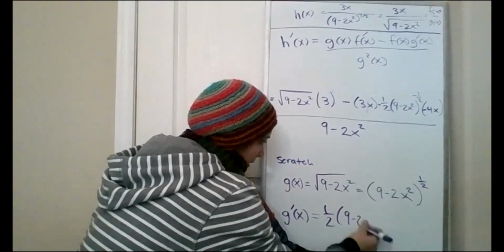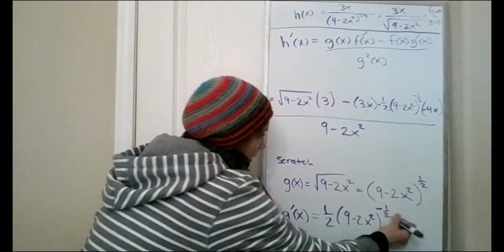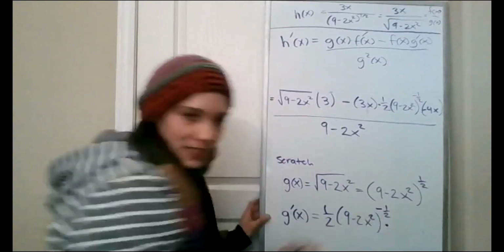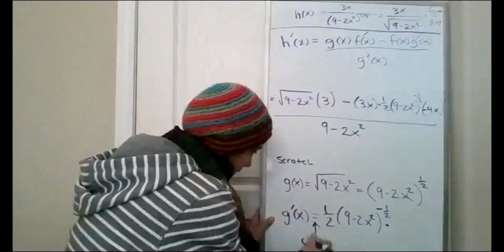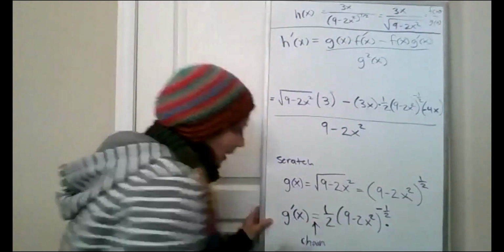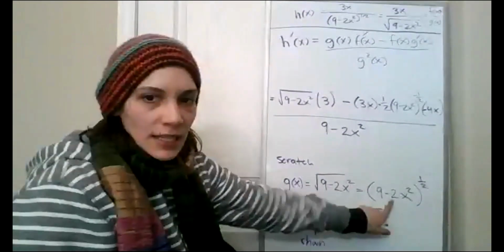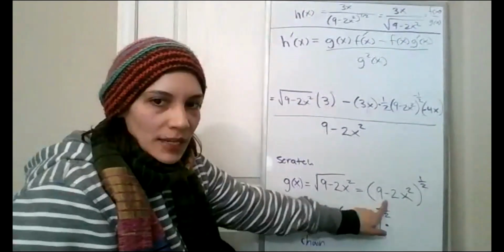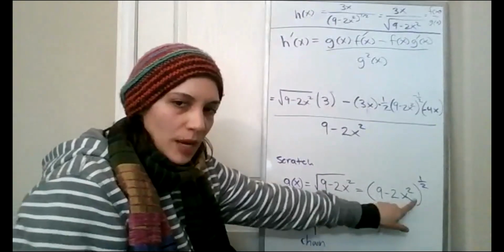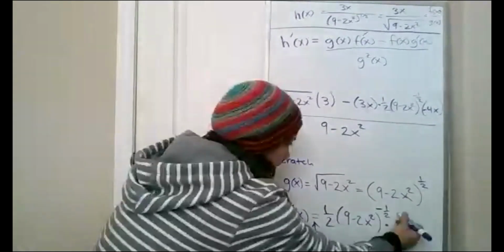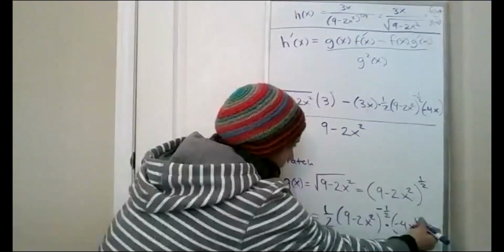Oh, okay. And this is a negative. And that's the chain rule. Okay. Got it. And then you also multiply with that derivative of the inside. This is a number, so it's going to go away. That's a derivative of negative 4x with power 1, or just x.